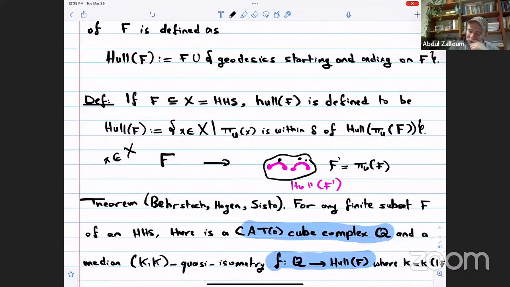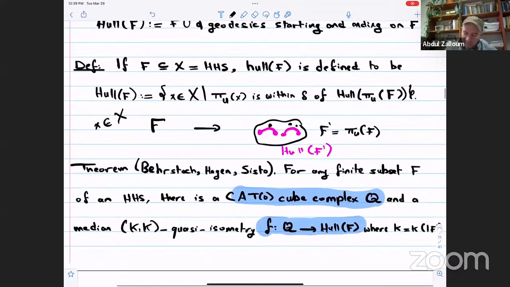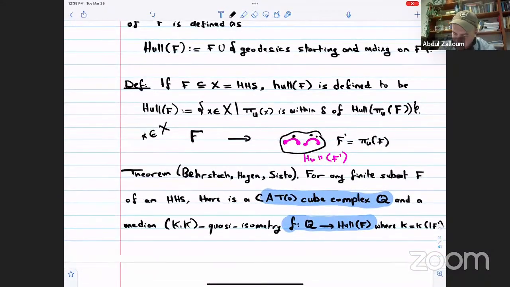Okay, and so the following theorem is due to Behrstock, Hagen, and Sisto, but it's also due to Brian Bowditch, in a slightly different setting.